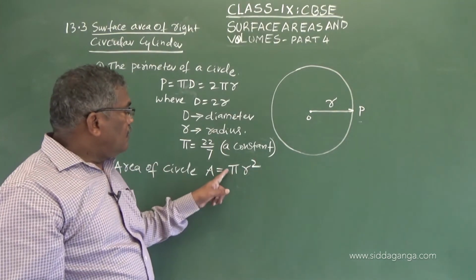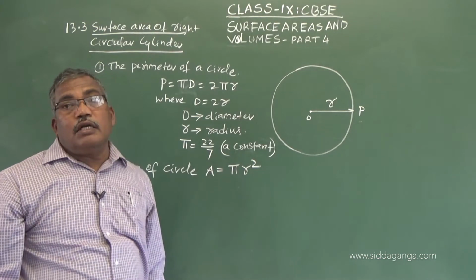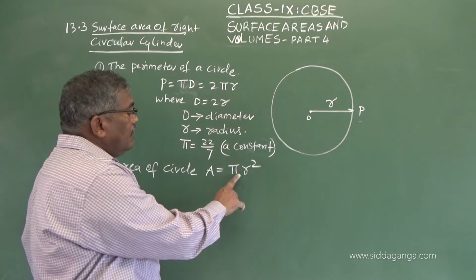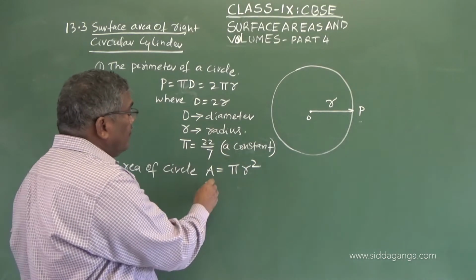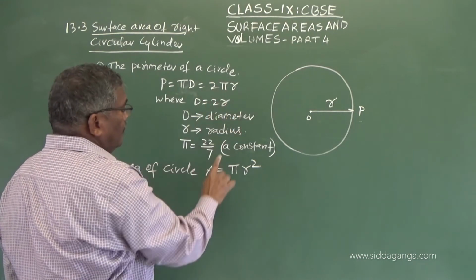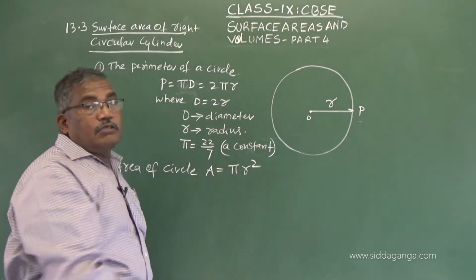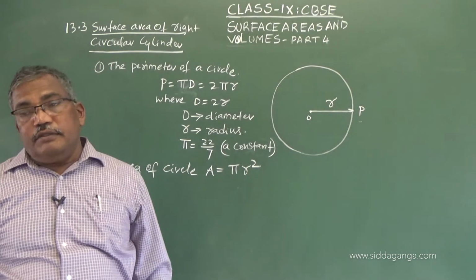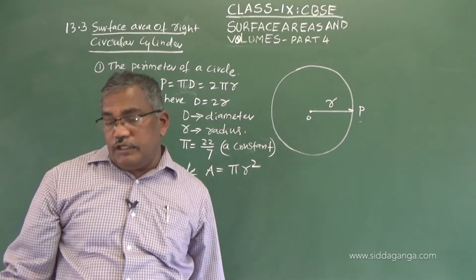Remember this, area is pi r square, where r is the radius. So therefore these two formulas, perimeter is equal to 2 pi r and area is equal to pi r square, you have to have in mind to understand the next concept.